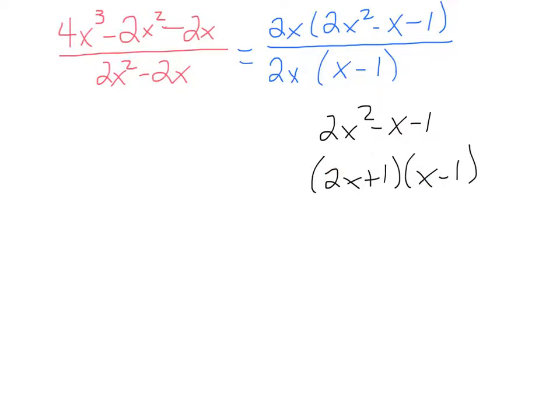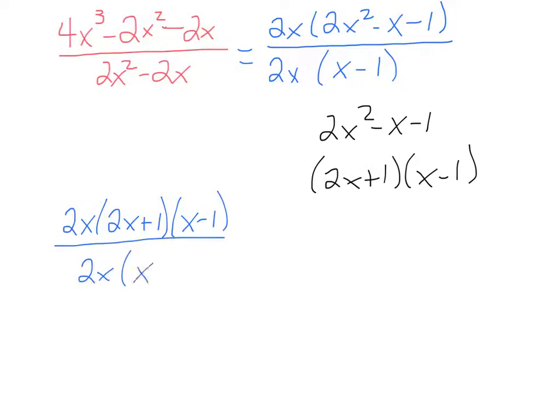Okay, 2x times x is 2x squared. 2x times negative 1 is negative 2x, plus a positive 1x gives you negative x, and 1 times negative 1 is negative 1. Okay, so that is factored. So then our numerator is 2x times 2x plus 1 and x minus 1. And that's all over 2x and x minus 1.